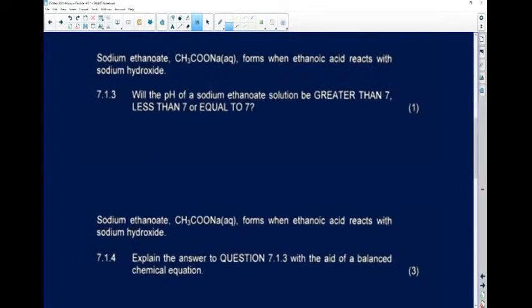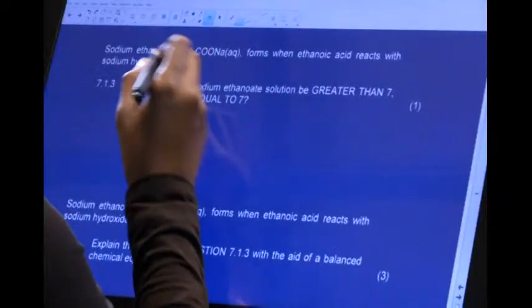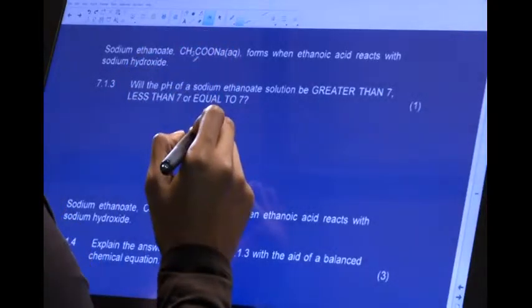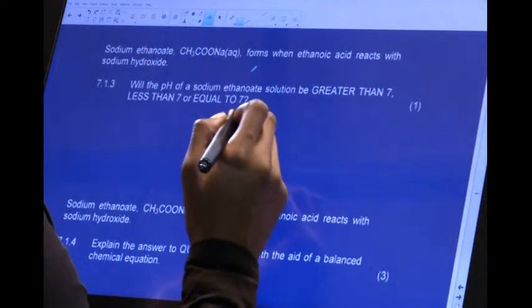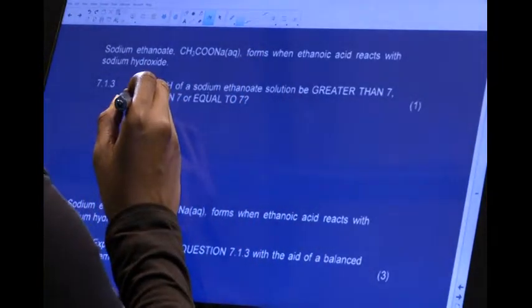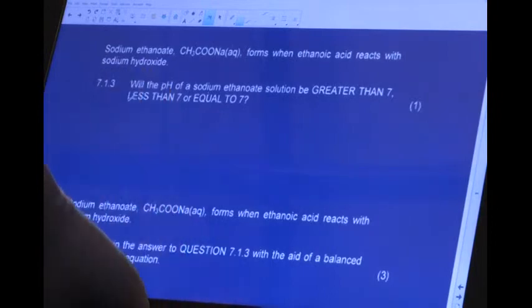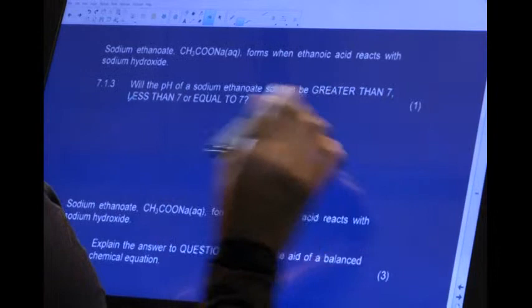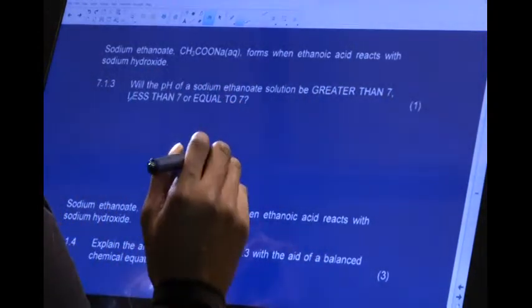So let's look at the next one. So we've got sodium ethanoate. There's the molecular formula for it. It forms when ethanoic acid reacts with sodium hydroxide. Now, the first question says to us, will the pH of the sodium ethanoate solution be greater than 7, less than 7, or equal to 7?